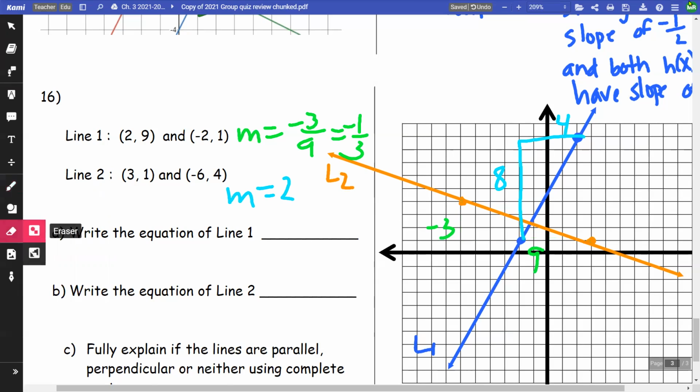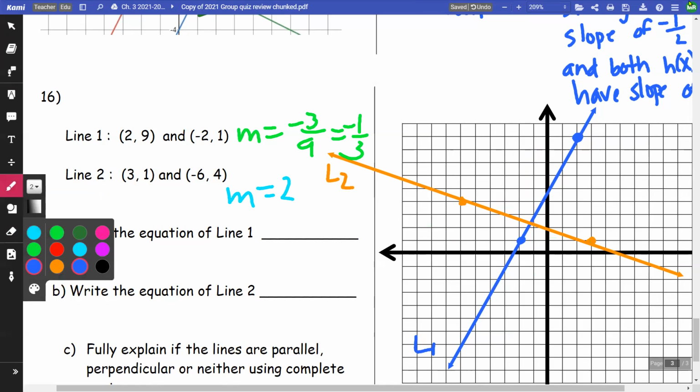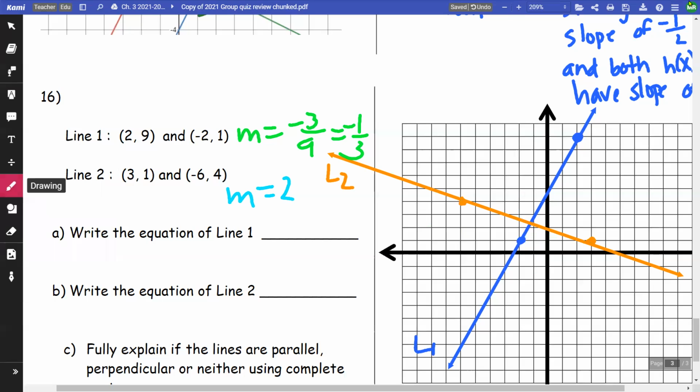So now let me just get rid of this for a second so I can see my line a little clearer. When I'm trying to write the equation for line 1, let's see, I'm going up 1, 2, 3, 4 over 2.